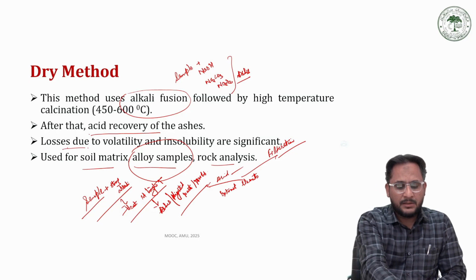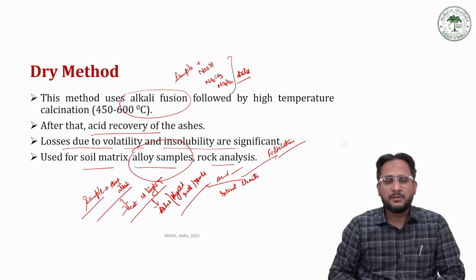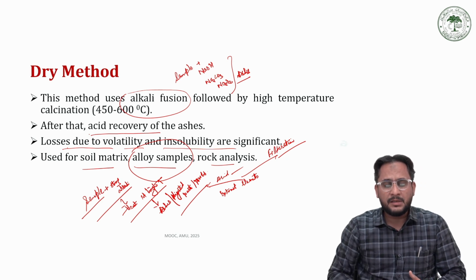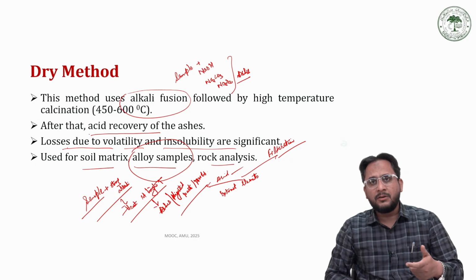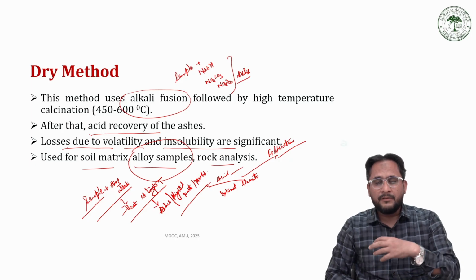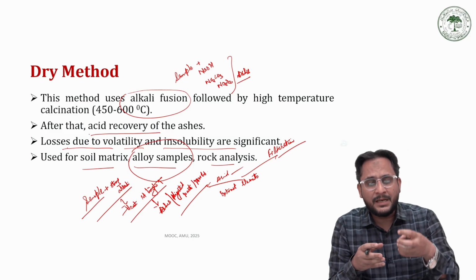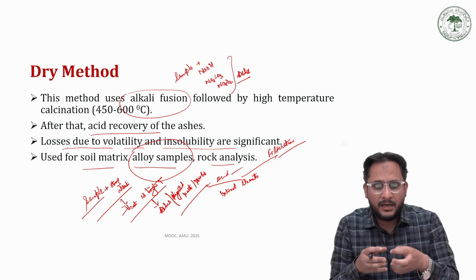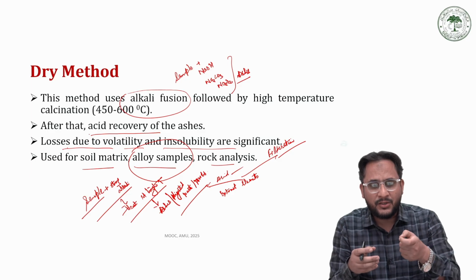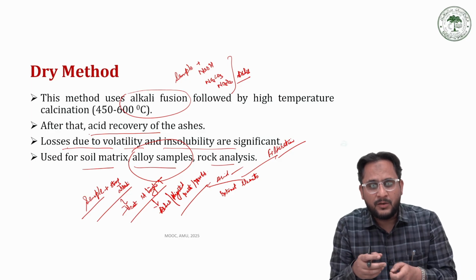In this method, the losses due to volatility and insolubility are significant. There is some possibility that the sample is not completely mixed with the alkali, and if the mixing is not proper, not the whole sample will be digested, and in that case the amount of elements extracted into the acid is very low.